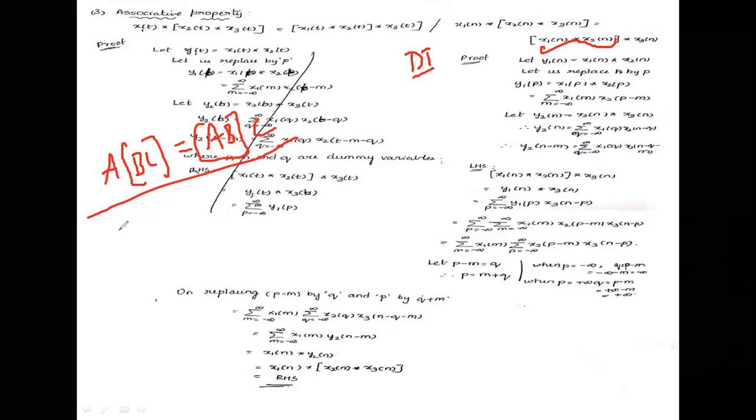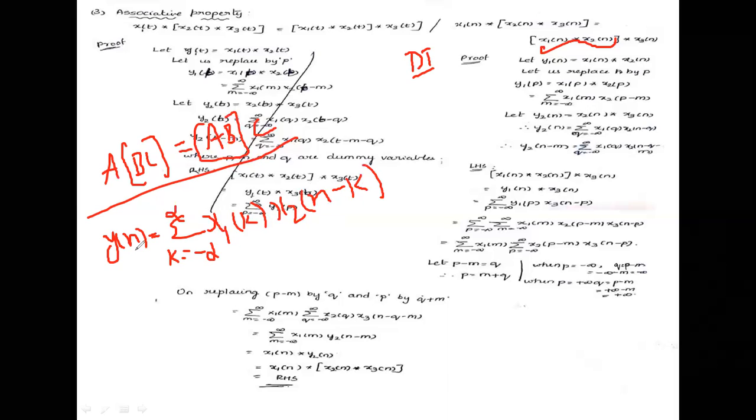So remember this one: y of n is equal to the sum of k equal to minus infinity to infinity x1 of k, x2 of n minus k.